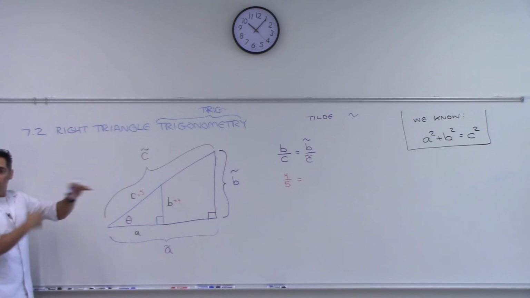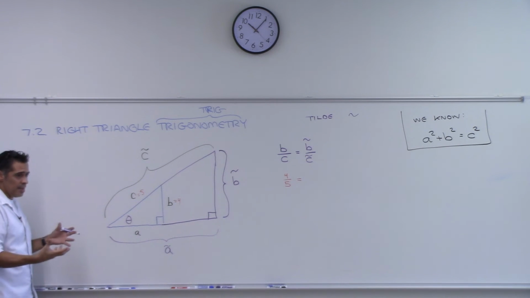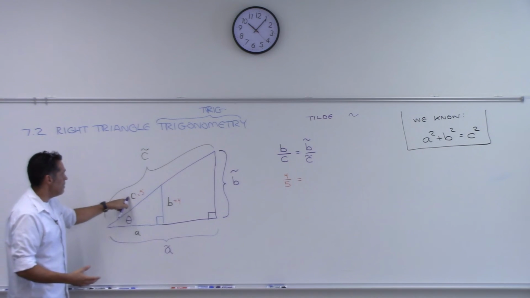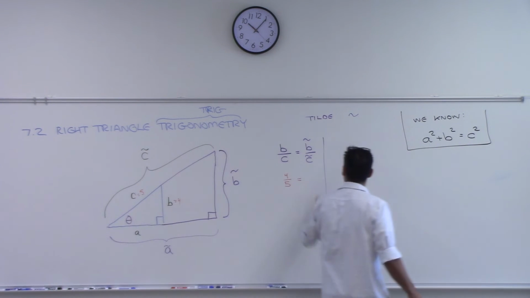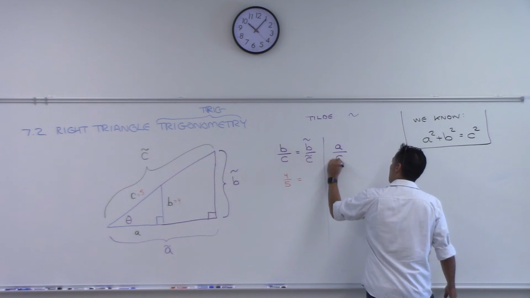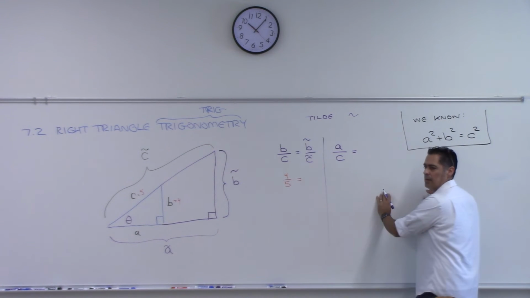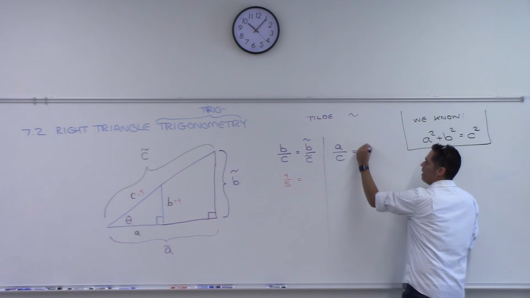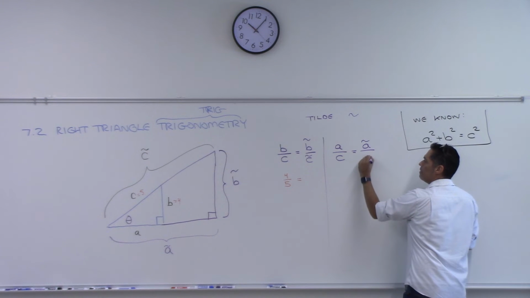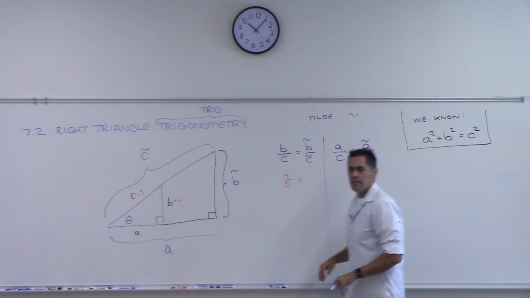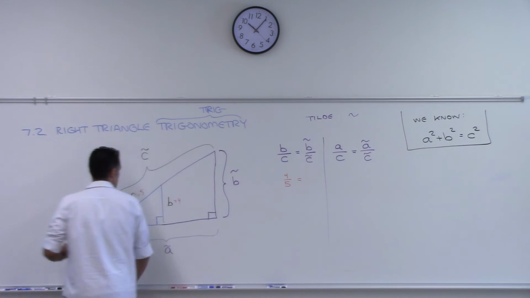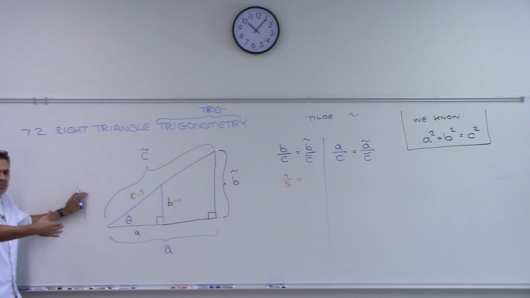And that works for all the different combinations you could think of. So if I do a divided by c, that's equal to what? A tilde divided by C tilde. Now, you have to believe this. I'm not proving this.